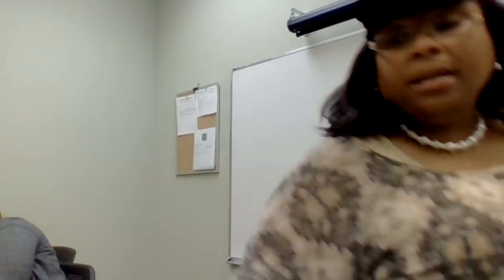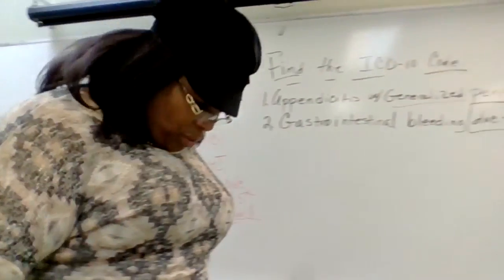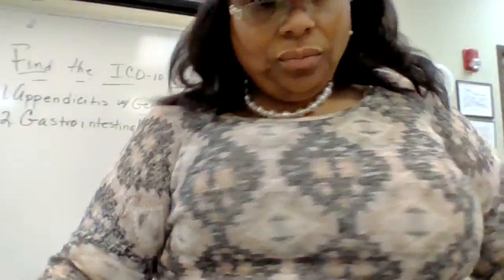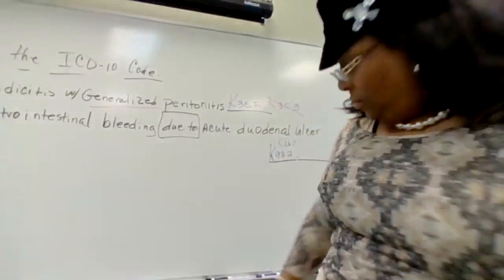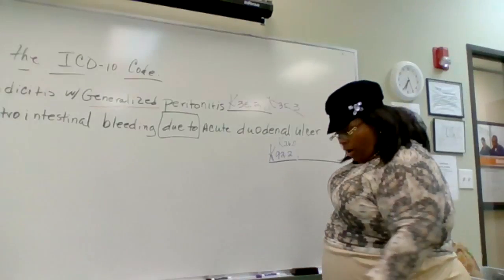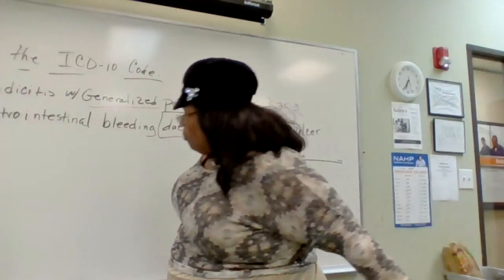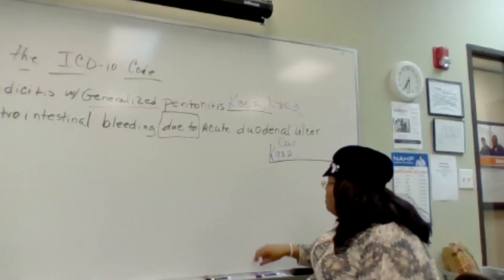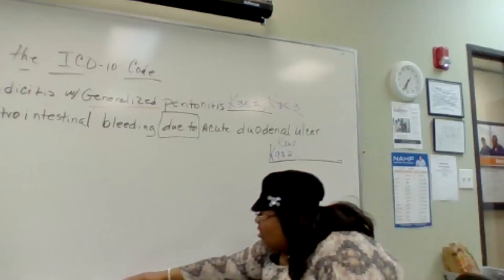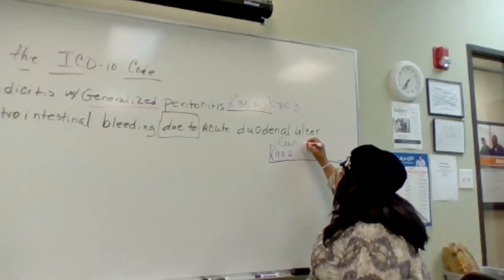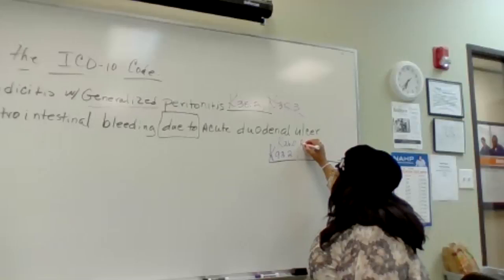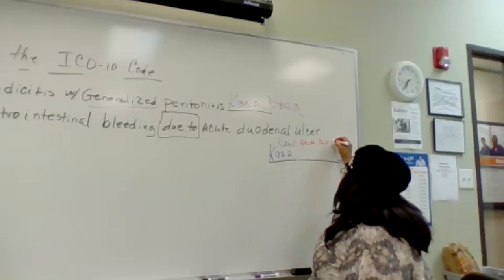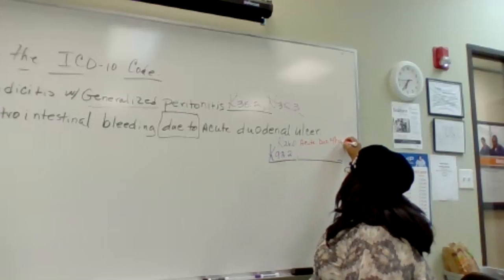Okay, so due to. So let's entertain this for a minute. K26.0. Now, all right. Can you see this? Okay, great. Now, this is acute duodenal, we're going to shorten it, with hemorrhage.